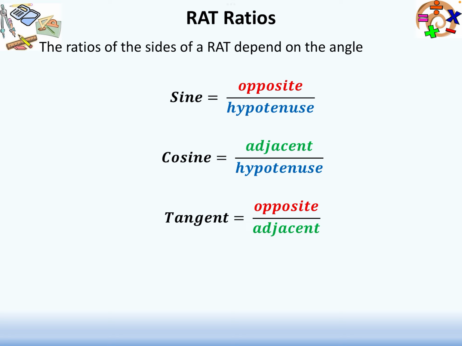So we've named those three ratios sine, cosine, and tangent. Okay? There's an easy way to remember this. We use SOHCAHTOA. So the sine is the opposite over the hypotenuse, or in other words, S equals O over H, SOH.